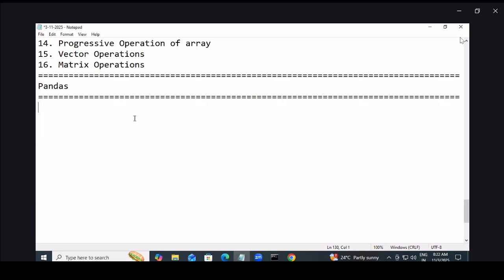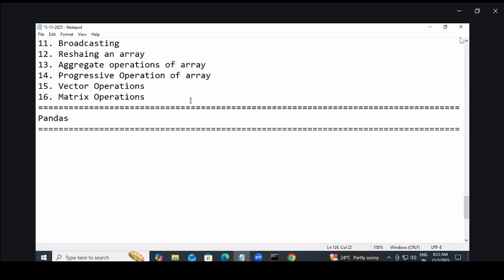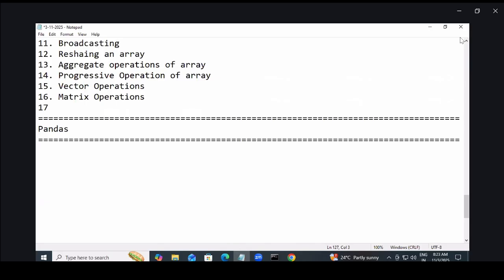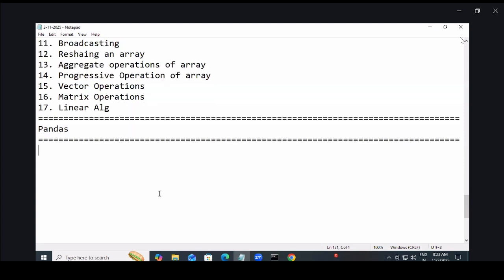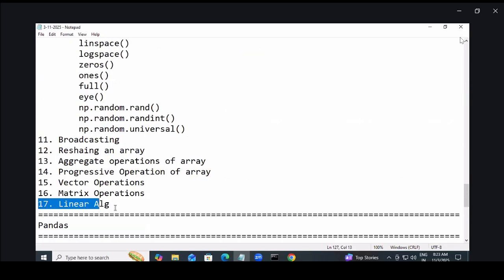NumPy is not the end. Did I say that? NumPy is completed. Why are you writing your own script here? I said one topic is there. What is the 17th topic? Linear algebra. One more chapter is there, and that chapter is linear equations.